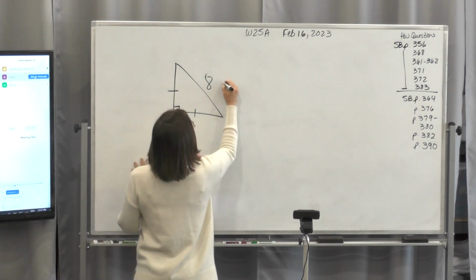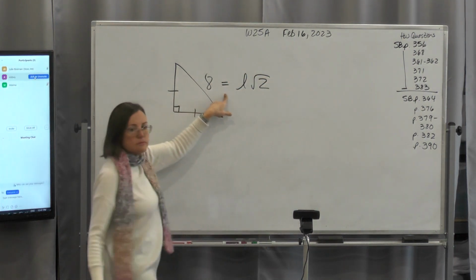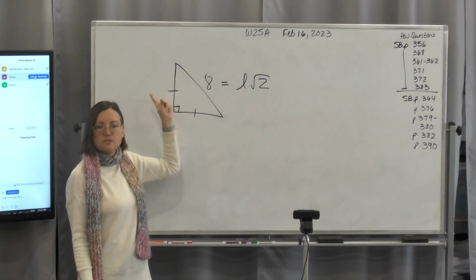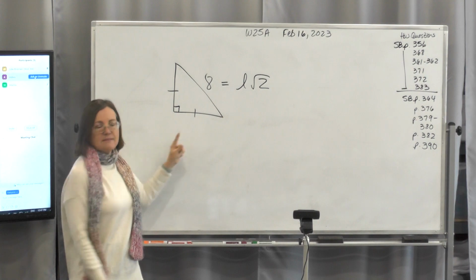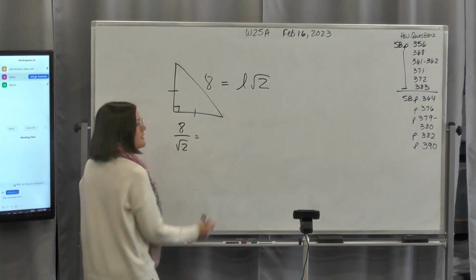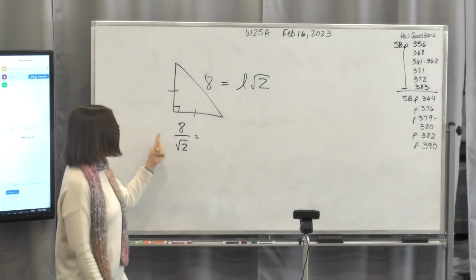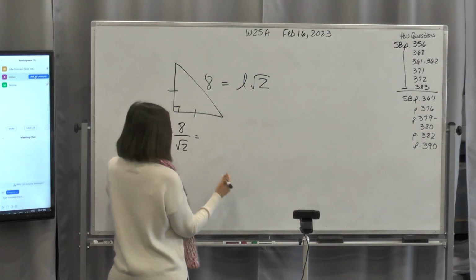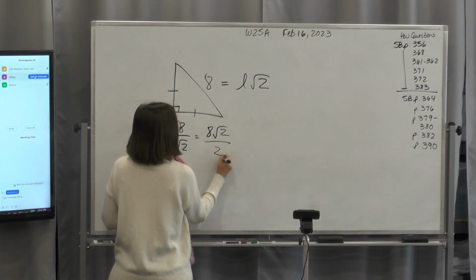Remember that this is the leg times the square root of 2. This is an isosceles right triangle, which means the leg has to be 8 divided by the square root of 2, but you cannot leave it like that, okay? I have to multiply top and bottom by the square root of 2, so I'm going to get 8 root 2 over 2.